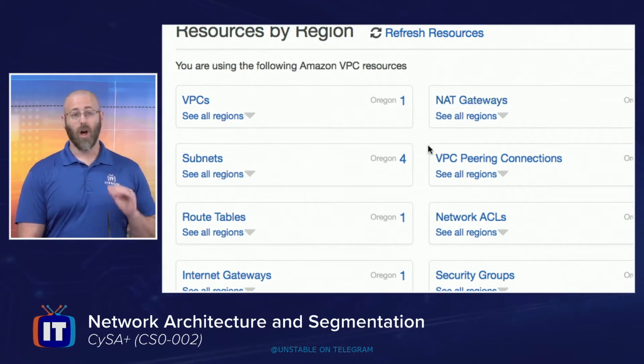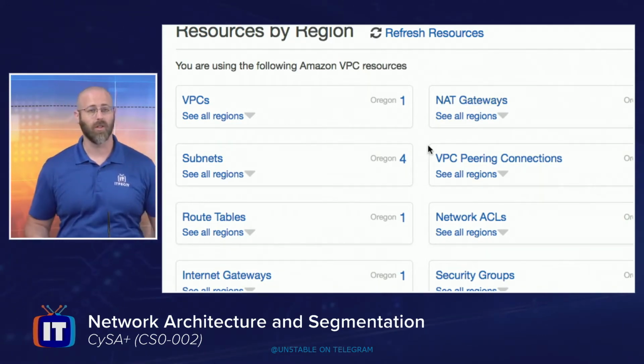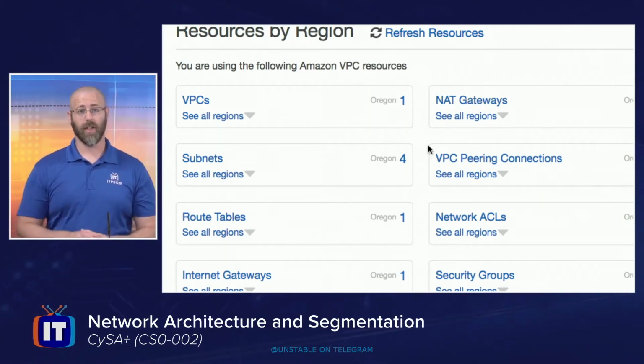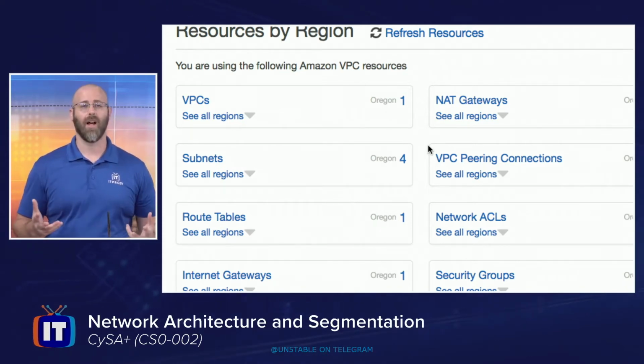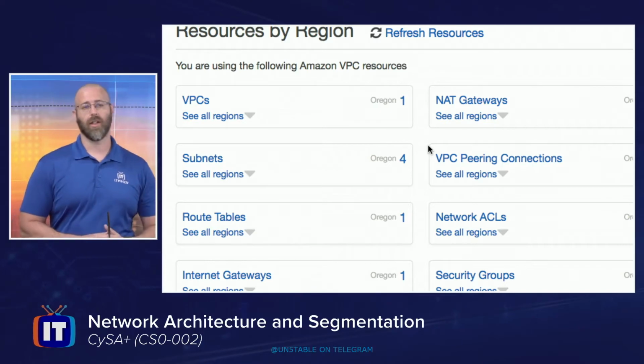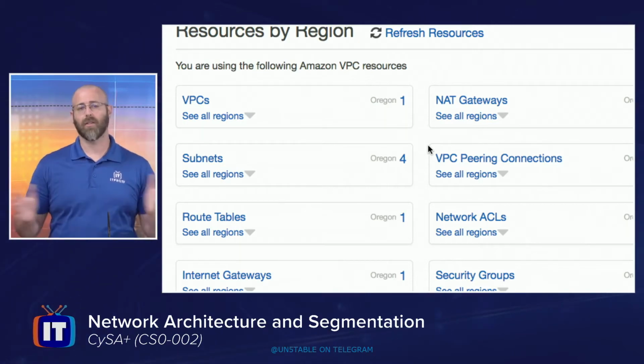NAT gateways, all the wonderful stuff that we normally use inside of networking, all right here. And I can create those subnetted, segmented areas right inside the cloud. So I can put servers over here in their own VPC, and I can put application stuff over here, right? I can do all that stuff right here inside the cloud.